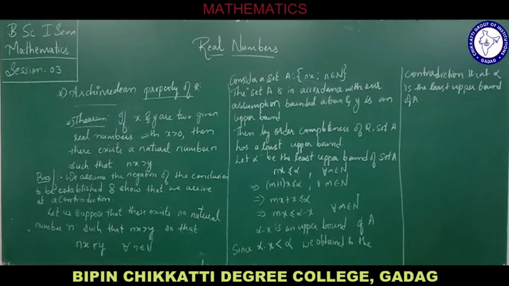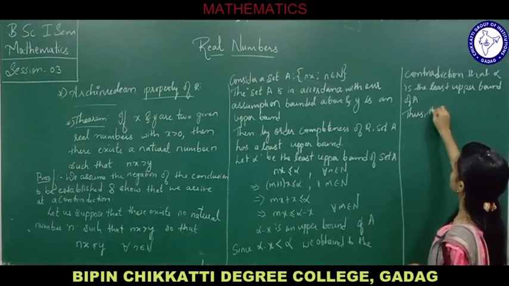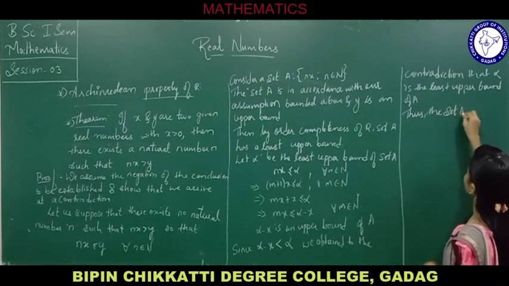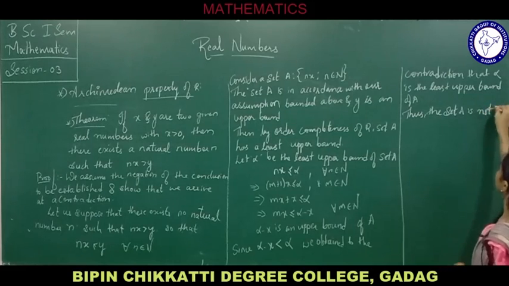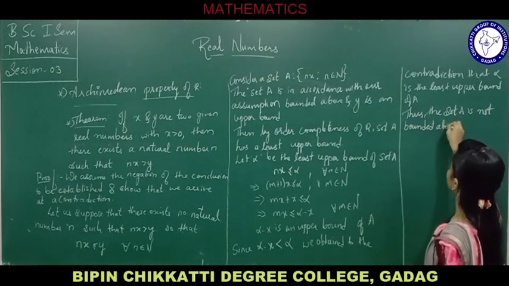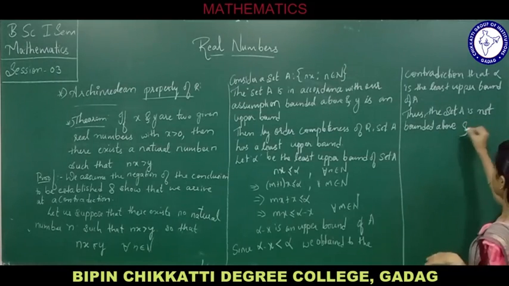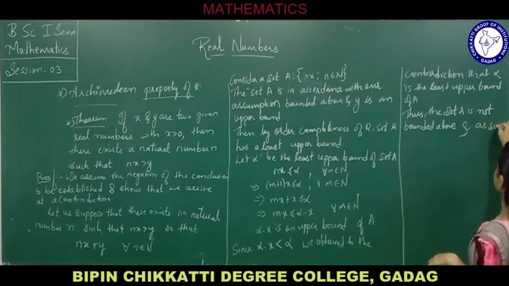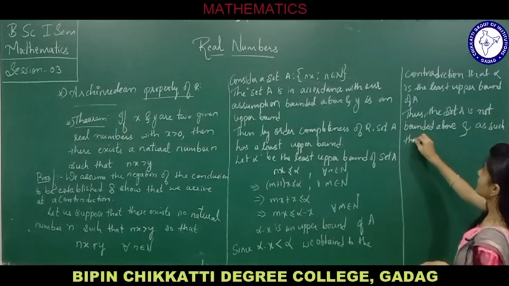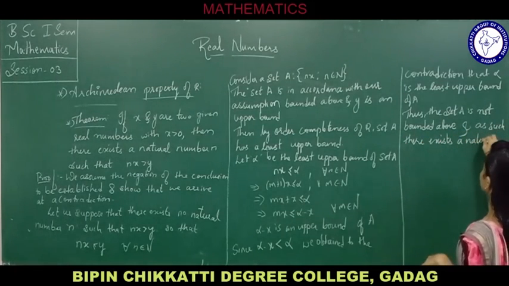If so, thus the set A is not bounded above. Then the set A will not be bounded above, and as such there exists a natural number.